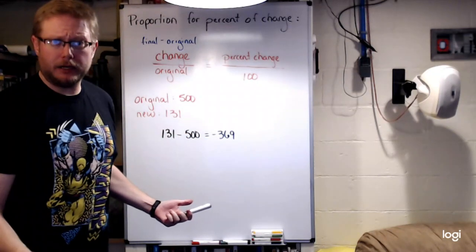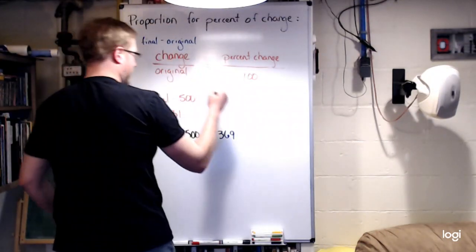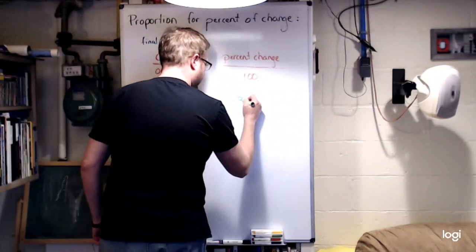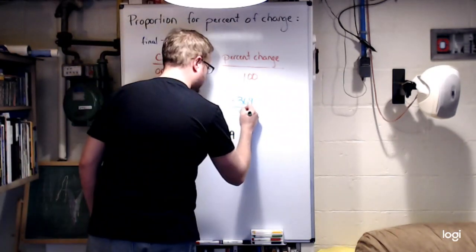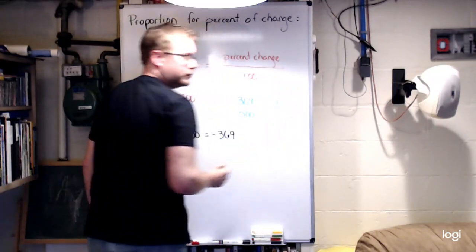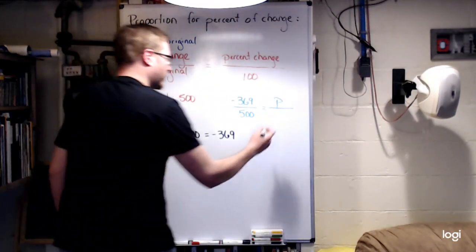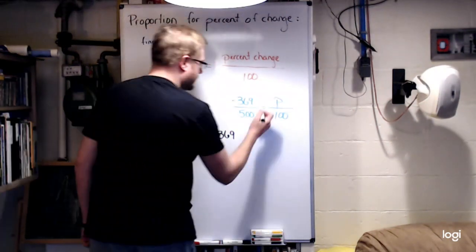Let's go ahead and plug it into our proportion. So we have the change, negative 369, over the original, which was 500, equals my percent of change, which we don't know, it's our variable, P over 100. Cross multiply and divide.